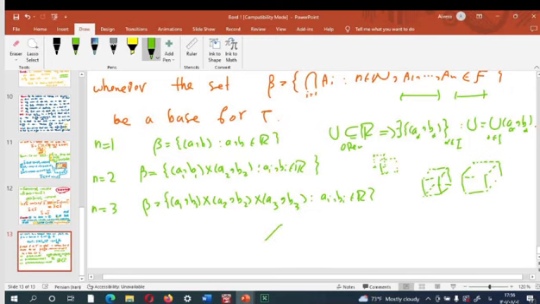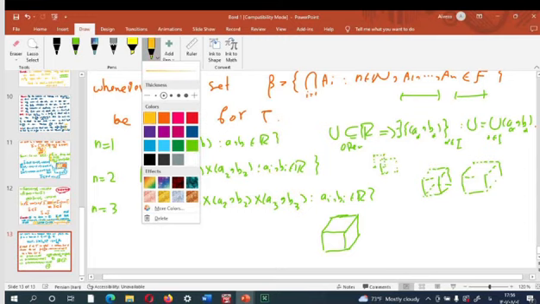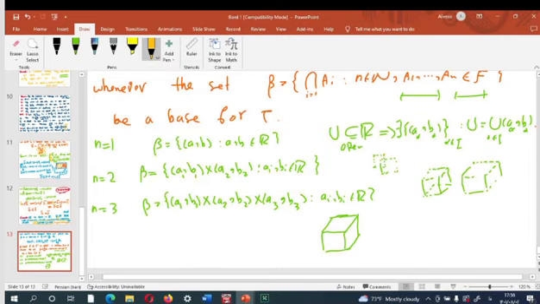It is trivial that we can intersect two cubes with volume greater than 1, such as these two.